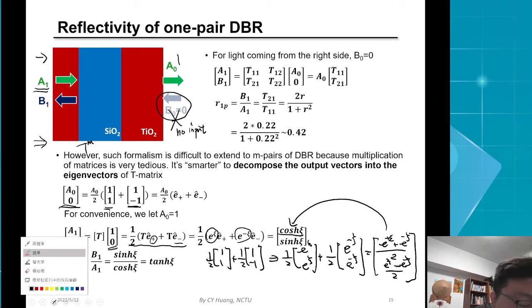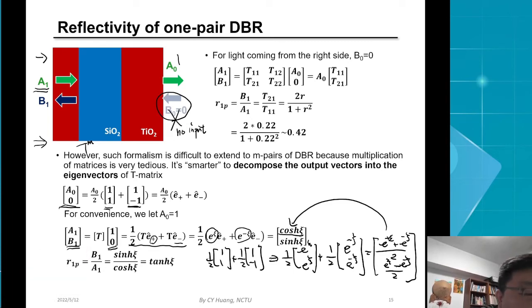So the reflectivity of one pair DBR can be written as hypersine c divided by hypercosine c, and it becomes the hypertangent c. Okay, so this is the case of one pair.